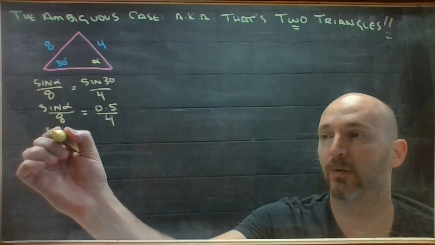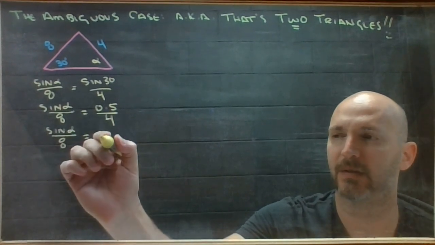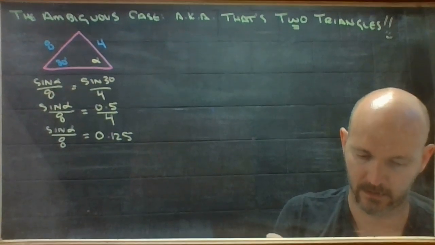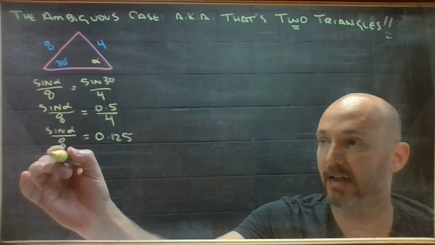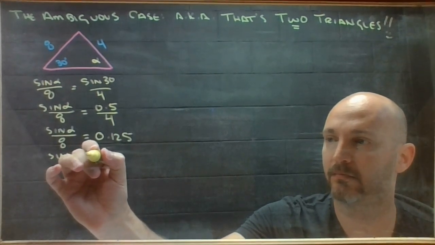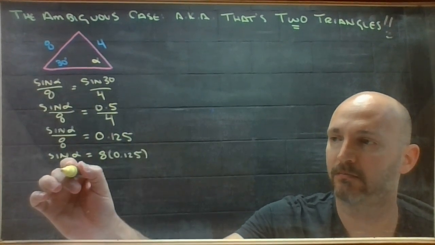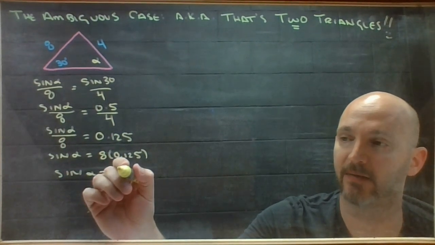0.5 divided by 4 is 0.125. And multiply both sides by 8. Eight times 0.125 is 1.